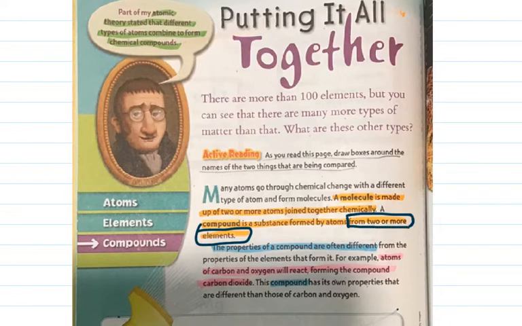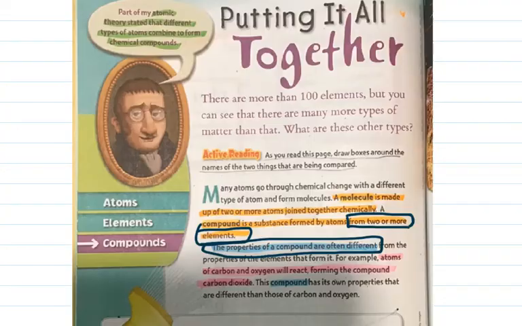That's one of them. What's the second thing we need to box? It is also highlighted. If you said the properties of the compound are often different, you would be right. So we're comparing from two or more elements as well as the properties of a compound are different.